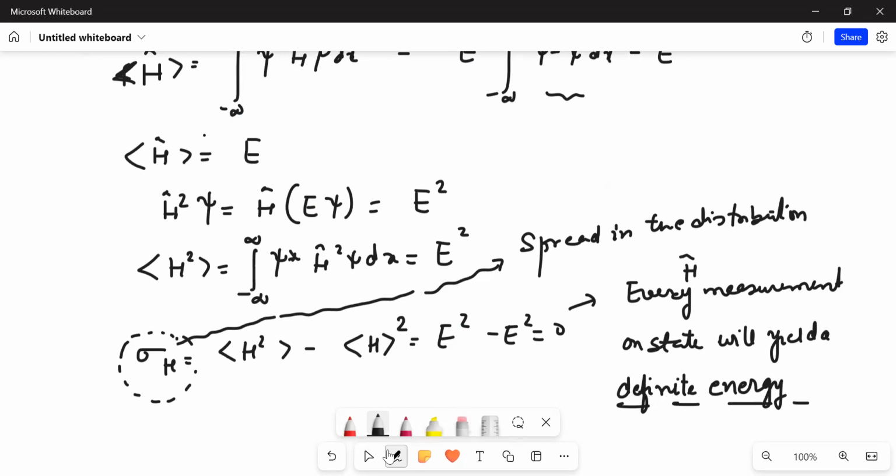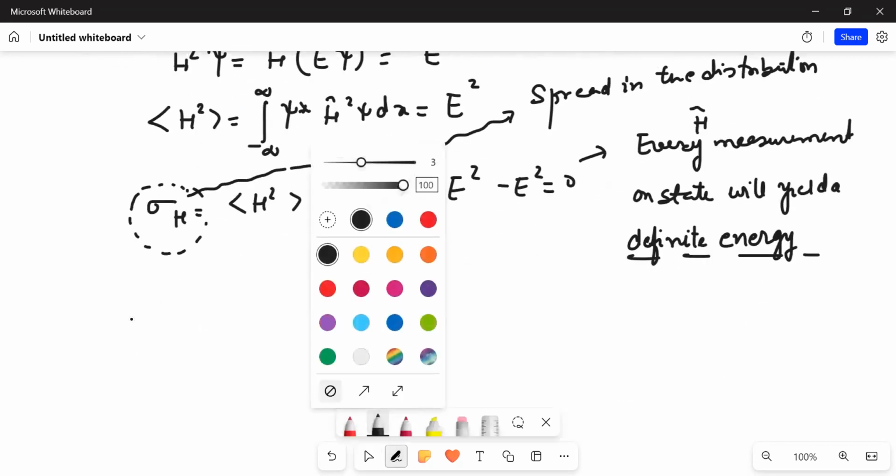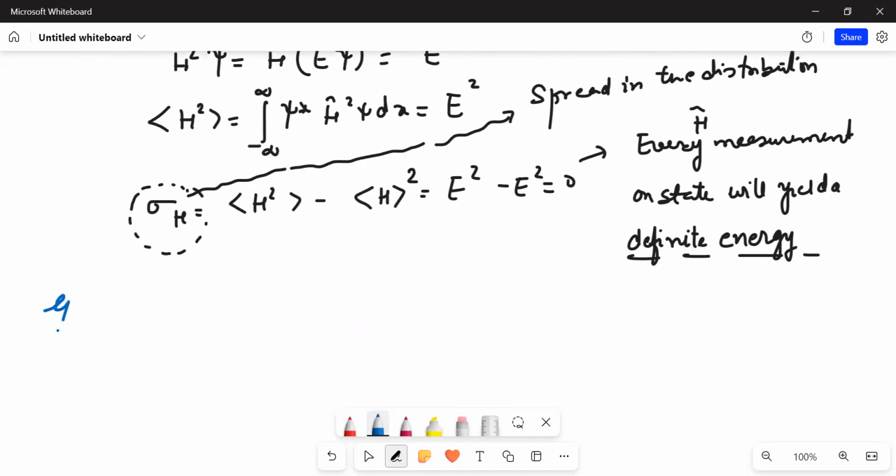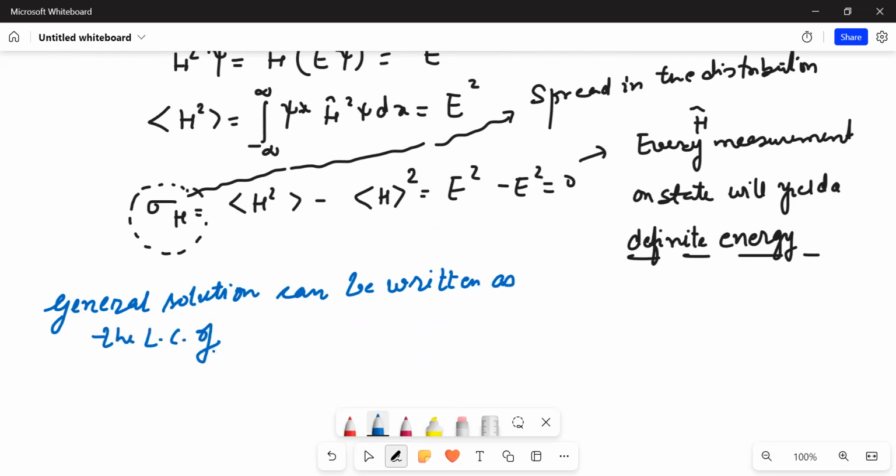Okay, understand that the general solution can be written as a linear combination of stationary states. Please do remember that the general solution can be written as the linear combination of these separable solutions, or stationary states.